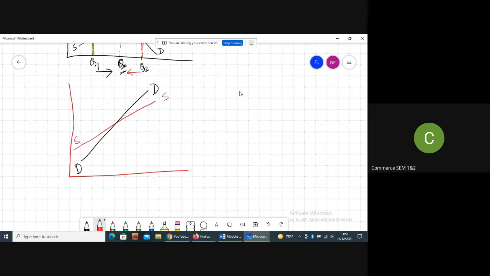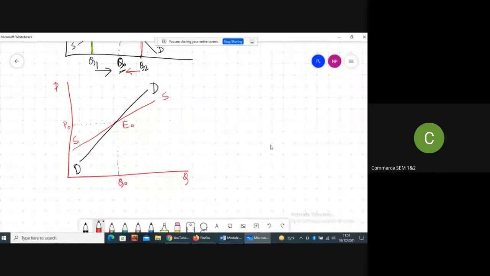Now, if this is the equilibrium E0, tell me whether this equilibrium is stable or unstable. First start with the Walrasian approach and then look at the Marshallian approach and check whether it is a stable equilibrium or not.